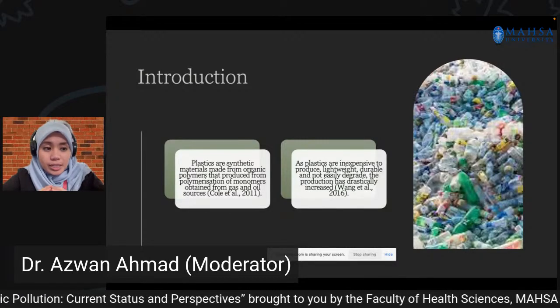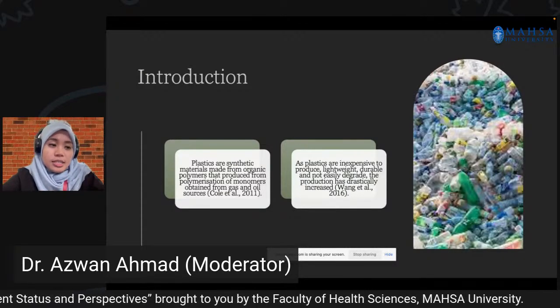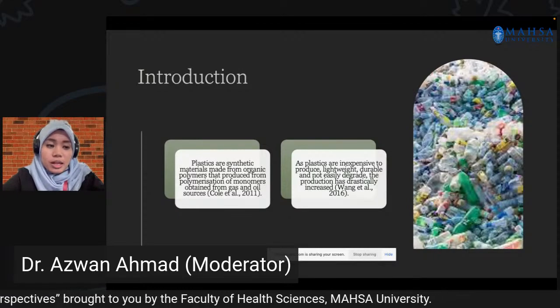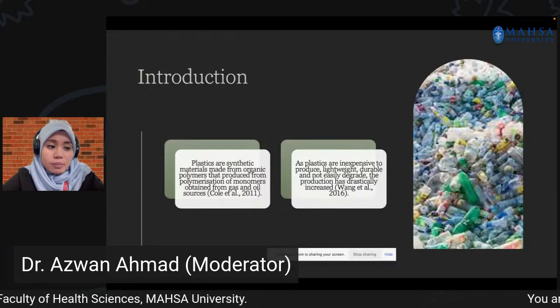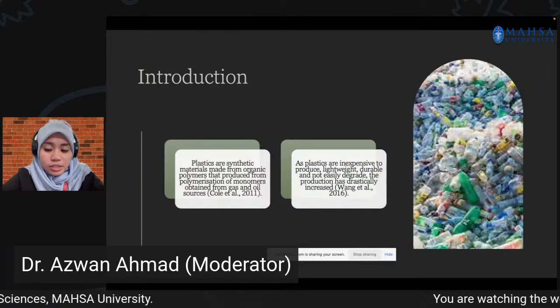Because plastic is inexpensive to produce, lightweight, durable, and not easily degraded, its production has drastically increased day by day.